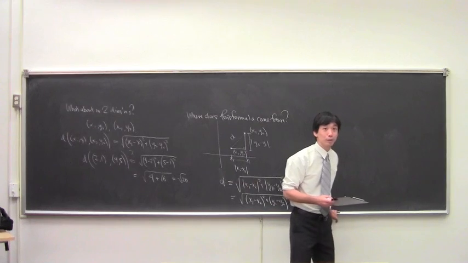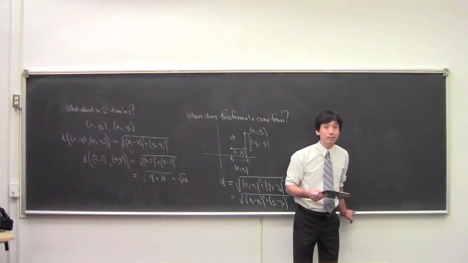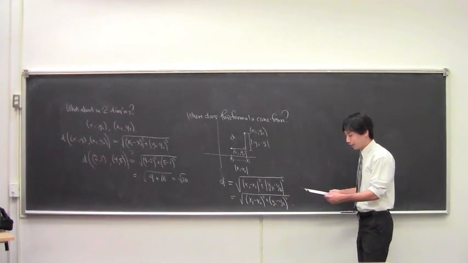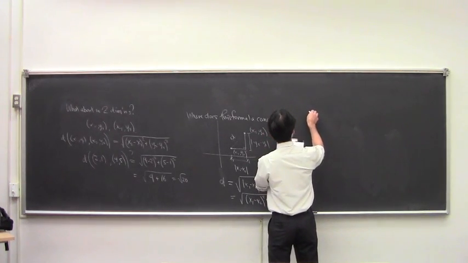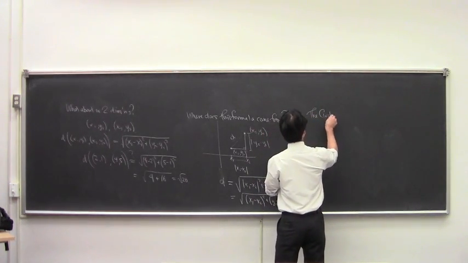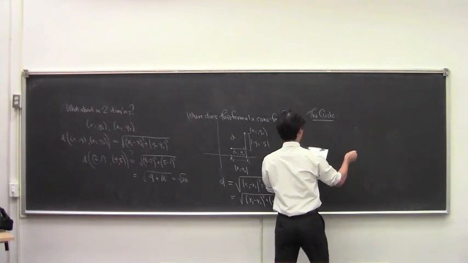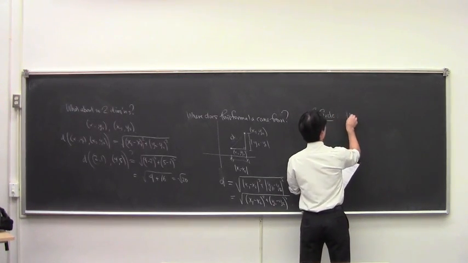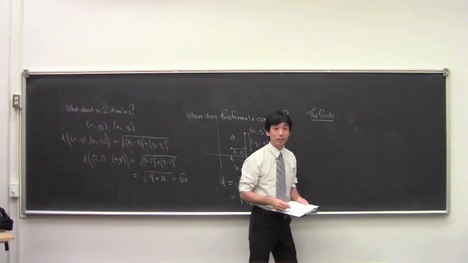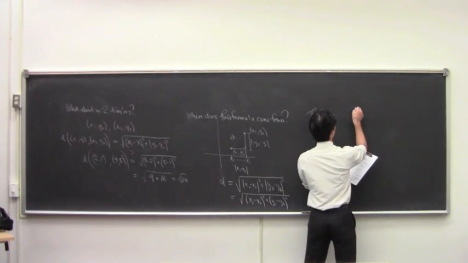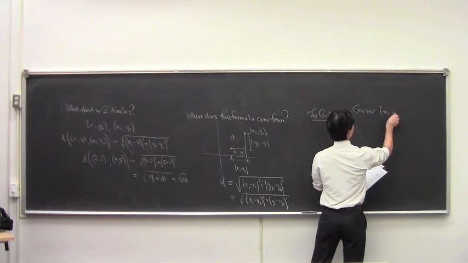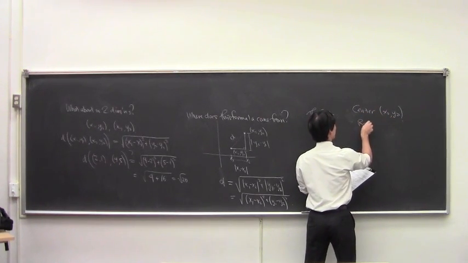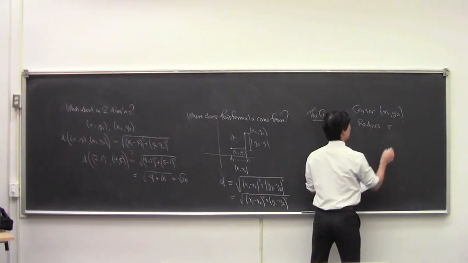Okay. Other questions? Okay. So going onwards or going backwards, the circle. What's the equation? Somebody tell me what's the equation for a circle. Suppose you have a circle with center at some point on the plane and some radius r.